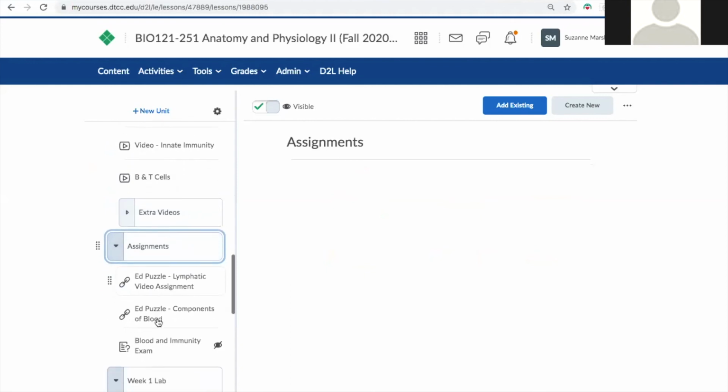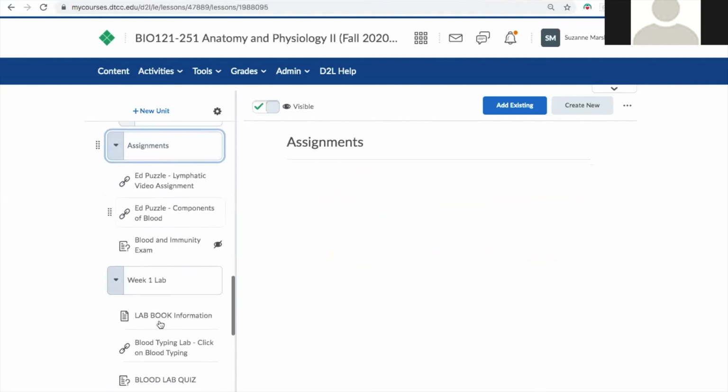So you have these 2 Edpuzzles, and then you have your blood lab quiz. I'll make that a little more clear next week. I want you to complete your lab book, but you're not submitting it for a grade this week. Okay, thank you. I appreciate it. Just the blood quiz.